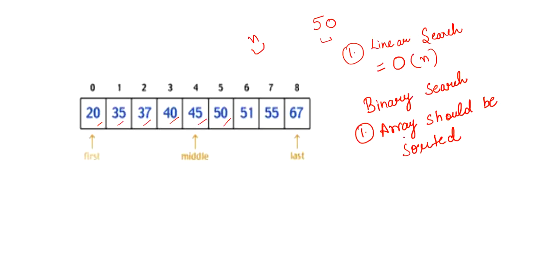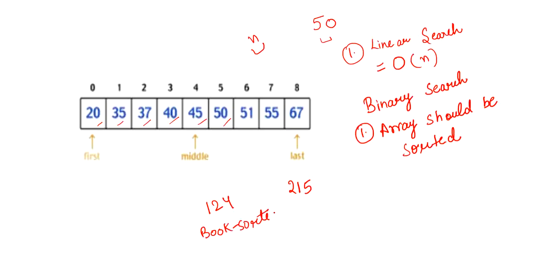Now let me explain in layman terms. For example, you want to search for page number 215 in your notebook, right? You randomly open a page that is 124. Now you are aware that all the pages in a book are sorted, right?